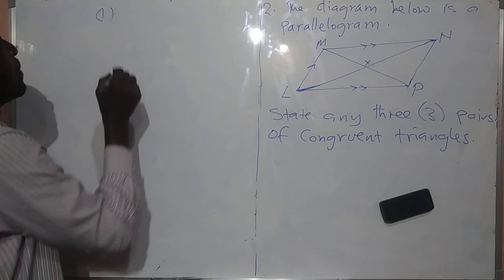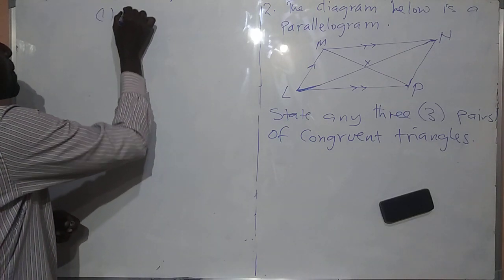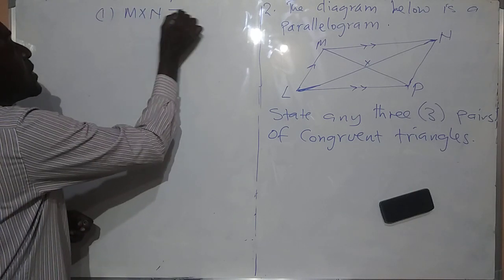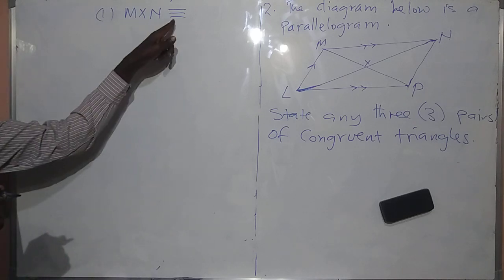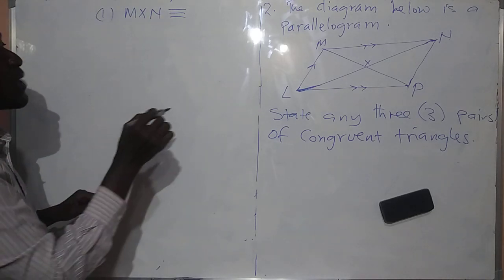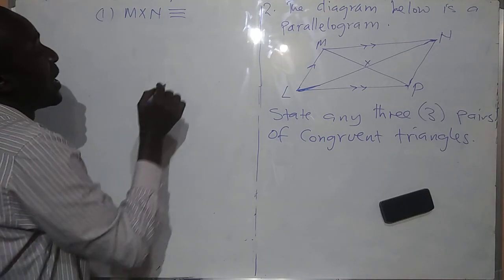The first pair that we have: triangle MXN is congruent to LXP. This is how we write it.